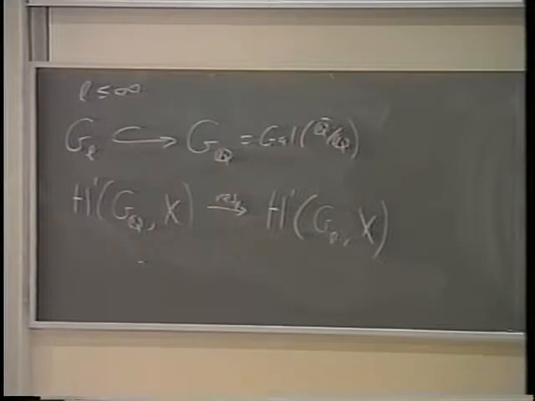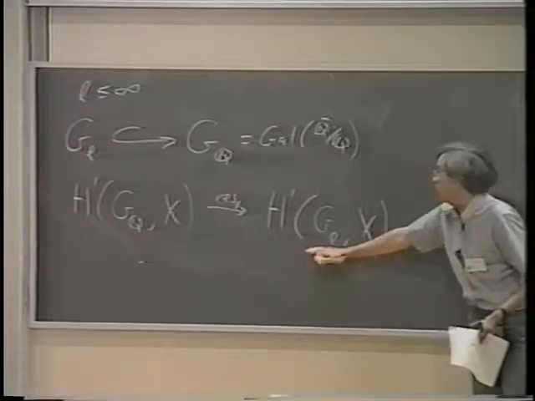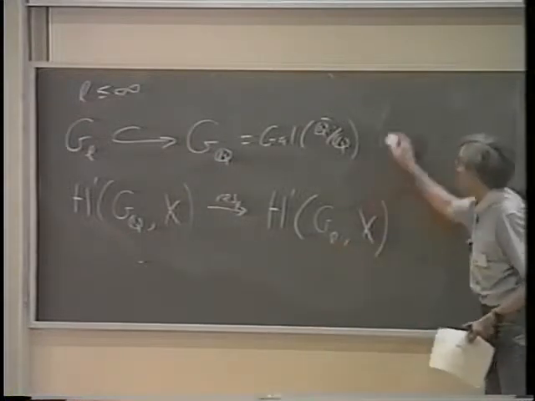So what's a local condition? For us, it's just that you want to look at maybe the restriction ends up in some subgroup of this.